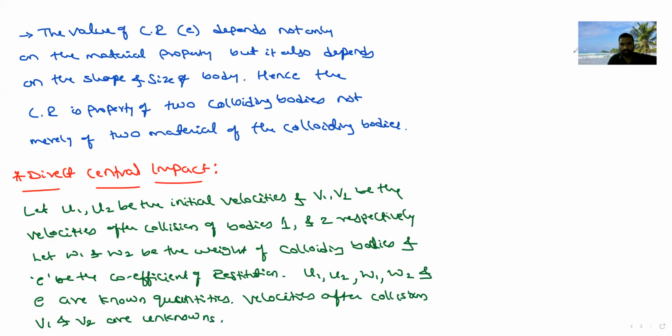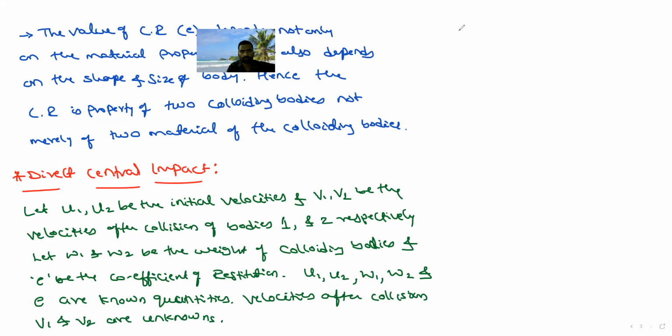To find these velocities, two unknowns, we need two equations. How many equations do we need? We need two equations.